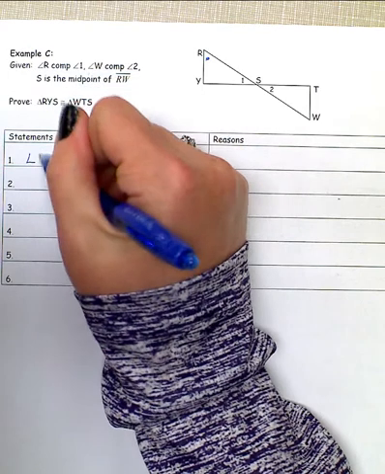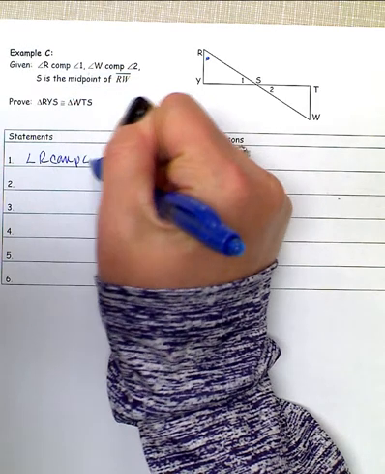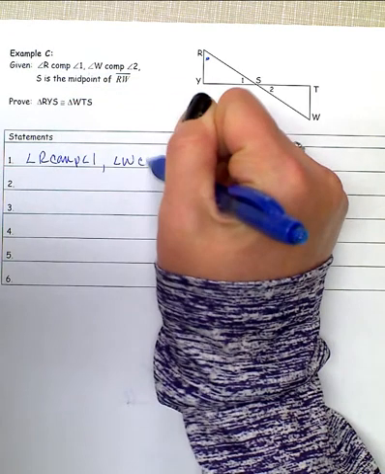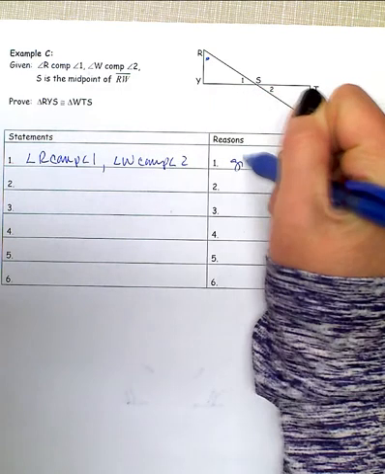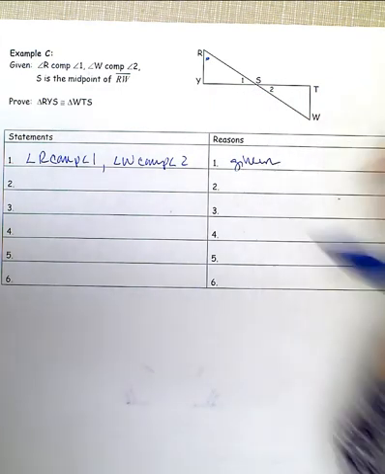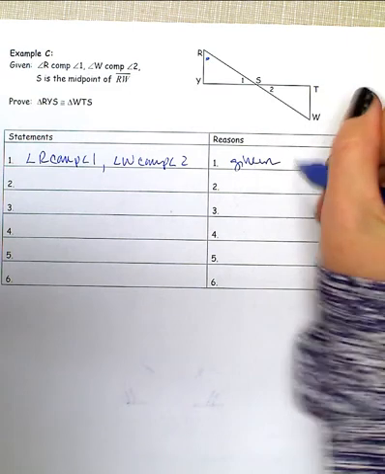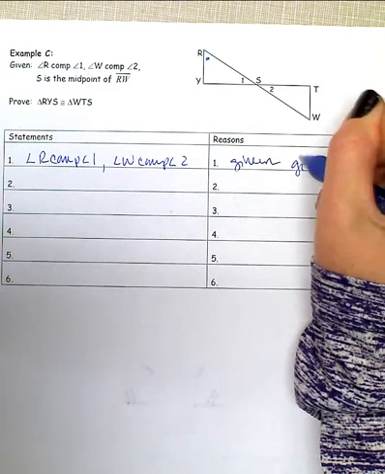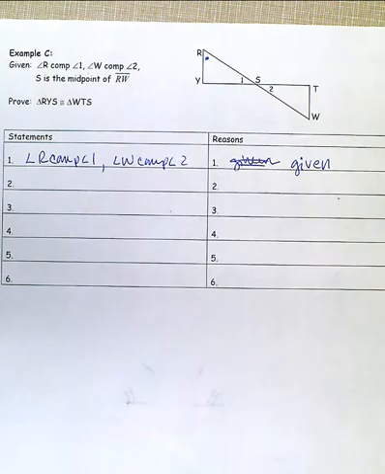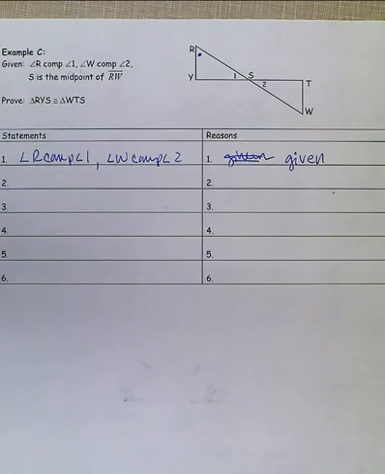Angle R is complementary to angle 1. Angle W is complementary to angle 2. That's given. But it's similar to the previous page. It's a super ugly given. I'm getting tired. Given. The previous slide says that supplements of congruent angles are congruent.